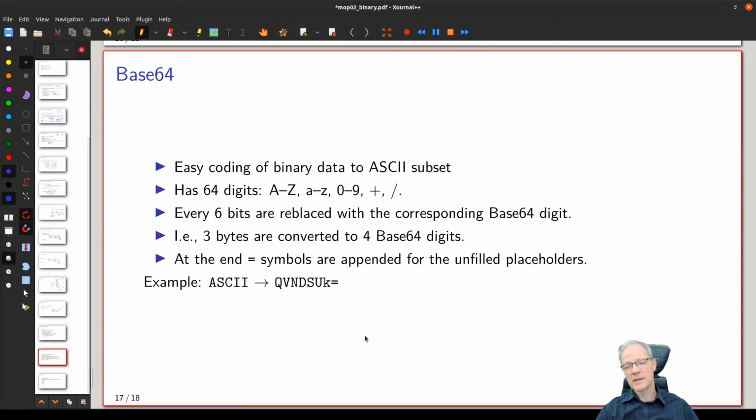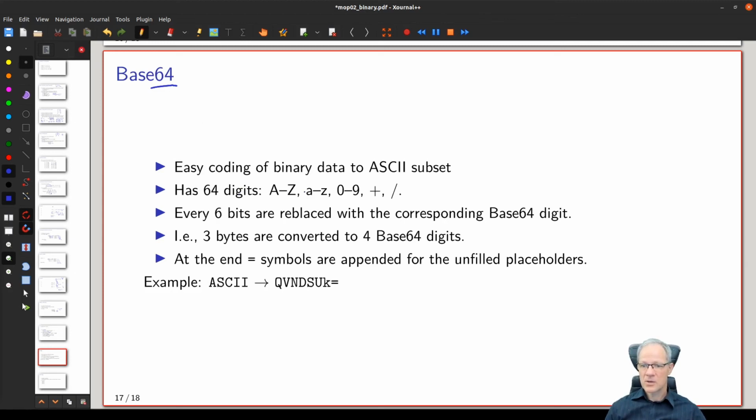Right? Now, we can talk about the binary system, the hexadecimal system. We can talk also about the base 64 system, meaning that we have 64 digits, not just 16, but 64, and encode information this way.